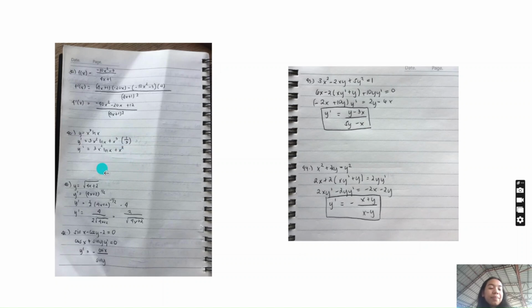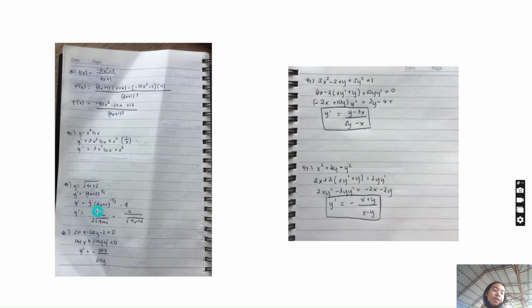Number 41, we have y equals the square root of 4x plus 2, which we can simply rewrite as 4x plus 2 to the power of 1/2, and then we will apply the chain rule, in which we multiply the power to the base, which is 1/2 there. Our base actually is 1 there.